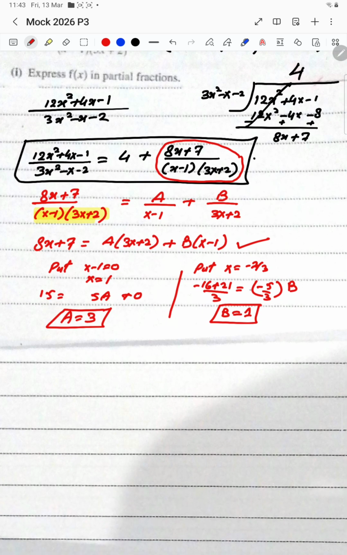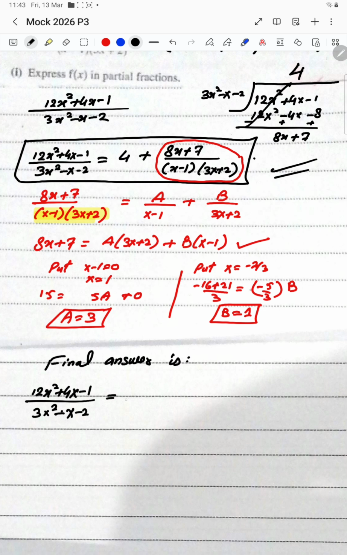So finally, my final answer is, here I will put the values: 12x square plus 4x minus 1 over 3x square minus x minus 2 equals what? 4 plus the partial fraction result, that is a is 3 over x minus 1 plus b is 1 over 3x plus 2.